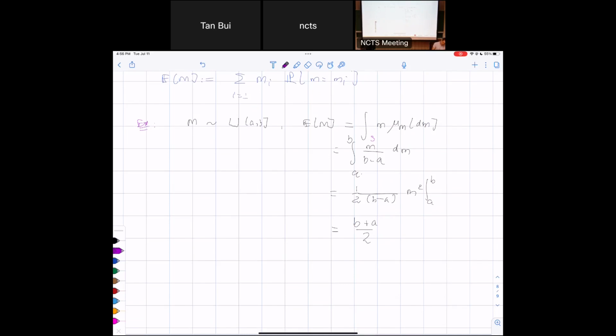Another example, that's a continuous example. Let us do a discrete example. I'm going to roll a dice. M is the number of the face showing up.